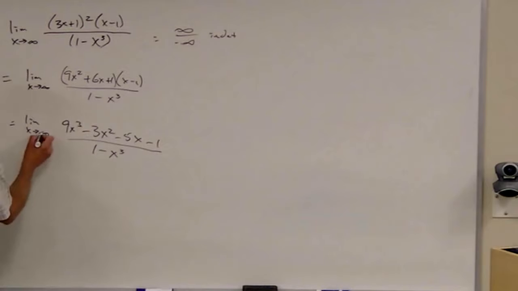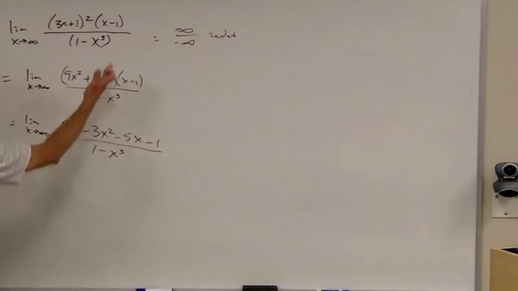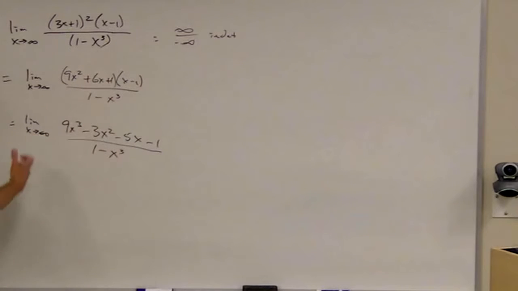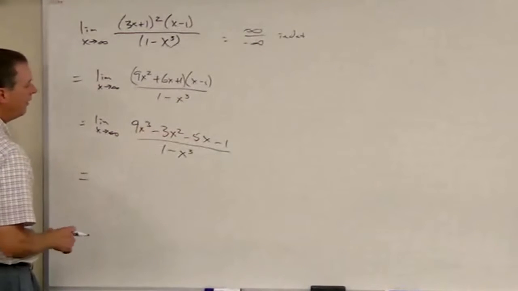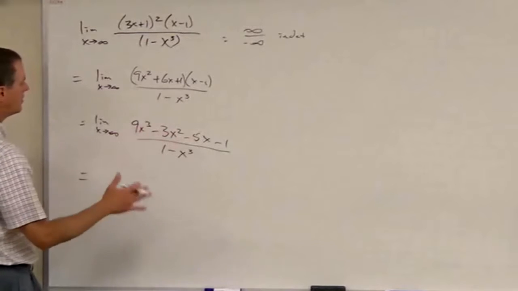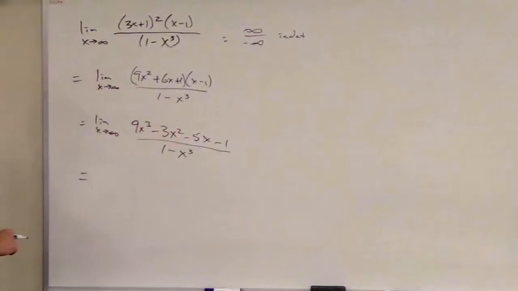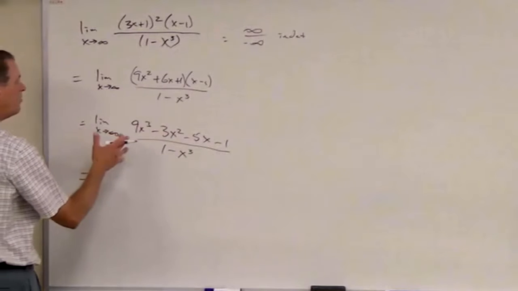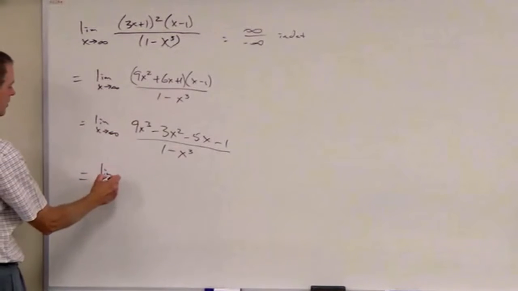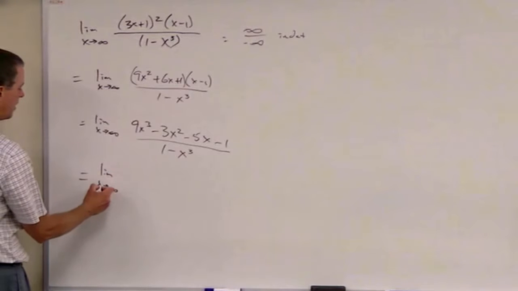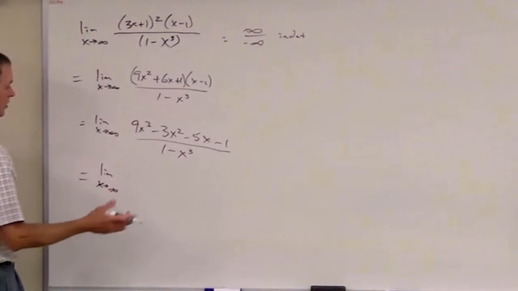Okay, so if you still attempt to plug in infinity, you're going to get infinities up here. In fact, in the numerator, you're going to get infinity minus infinity, which is not good. And then over infinity, so we're still at an indeterminate stage. But with infinity over infinity, like we've seen, one way to handle it, and the most common way and probably the easiest way, is just to factor out.